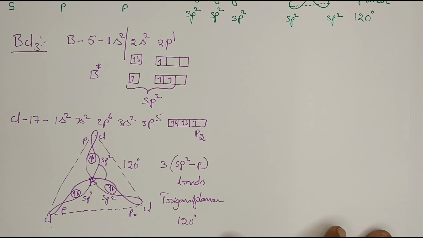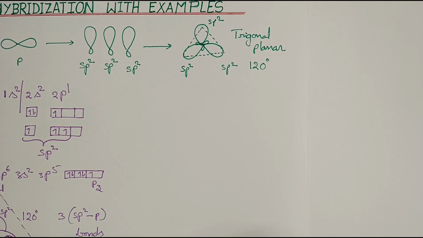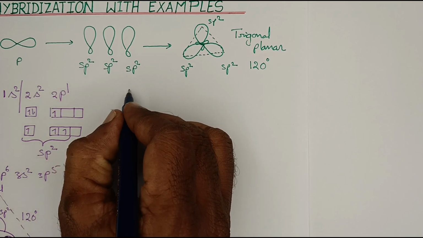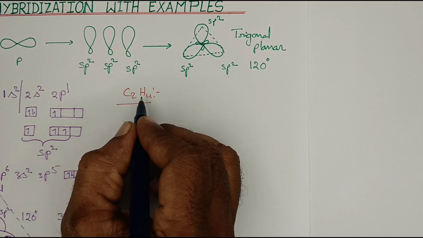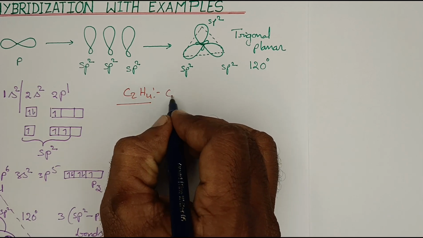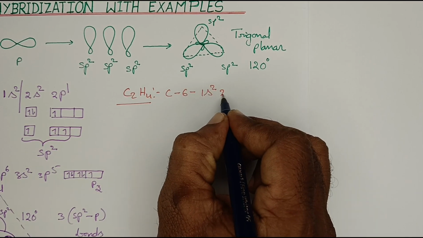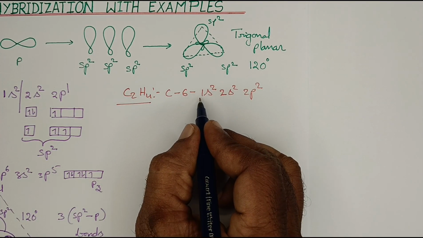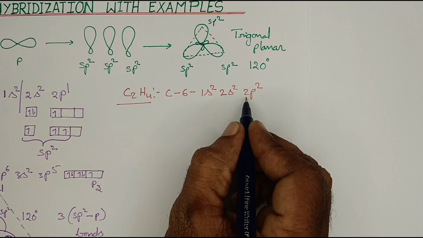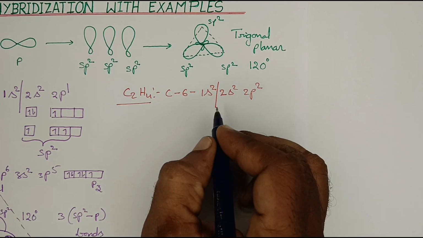So another example is C2H4. In C2H4 the central atom is carbon. Carbon atomic number is 6, configuration 1s2, 2s2, 2p2. 1 means first level, 2 means second level. So this is the first level, this is the second level.